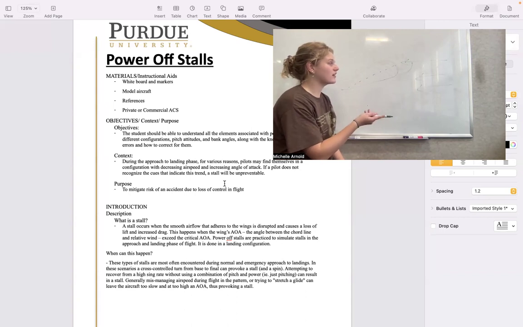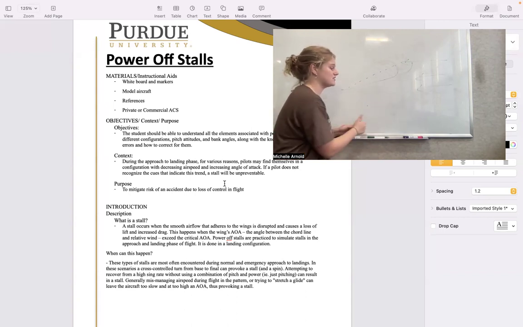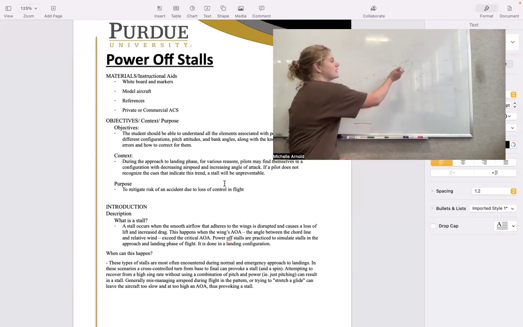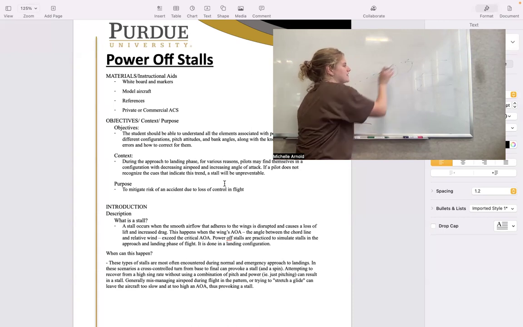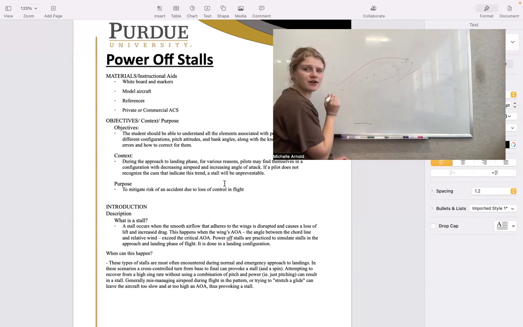So the critical angle of attack is when our plane is not able to create lift anymore. When the wind goes over it, at this point, the wind can still go over and create that pressure differential.